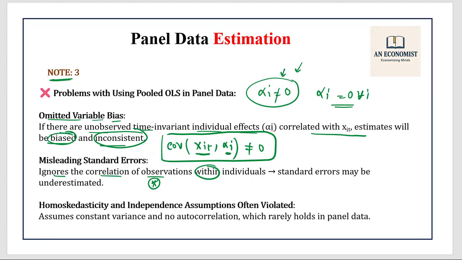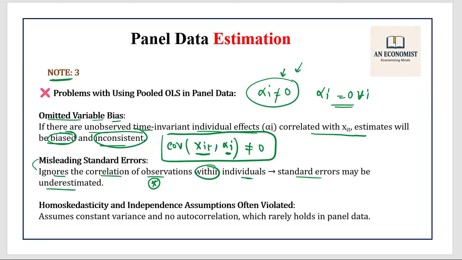So what happens if A and B get correlated, or B and C get correlated? Within individual means entities here; in our context, it is the different firms that we are taking into account. If the data points within the firms get correlated, then it will lead to underestimation of the standard error, which is also one of the major drawbacks.